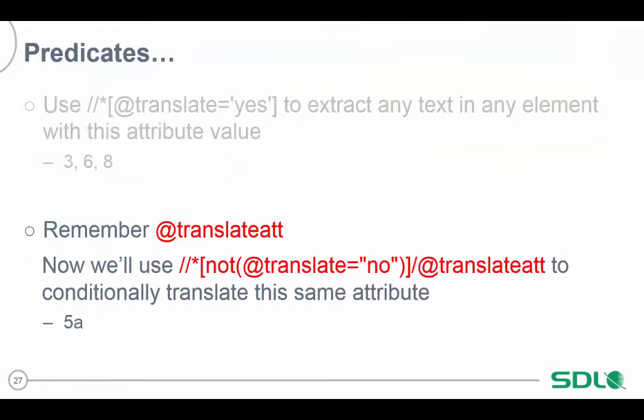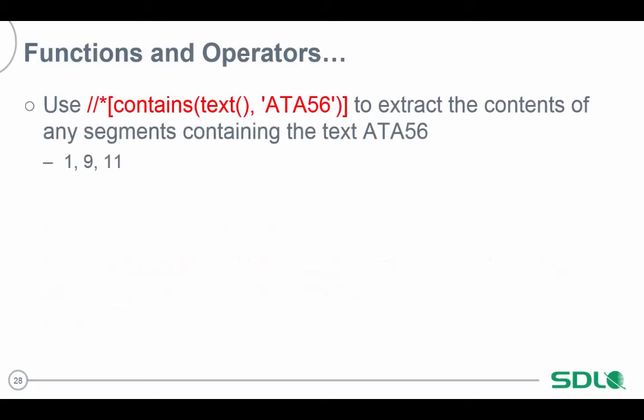So if I go back over to my slideshow and I move on again, I look at functions and operators. Now we've already looked at a function, which was the not function. This time what I'm going to do, and this is a really clever function, I like this one a lot, is the text function, so text open bracket, close bracket.